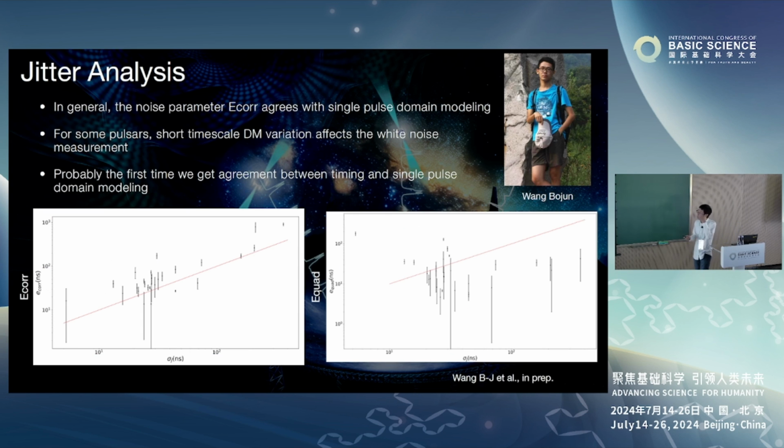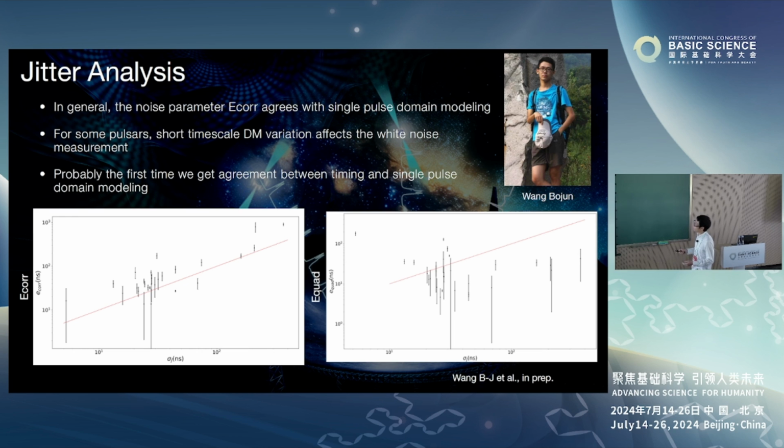And to understand what happens for these white noise parameters, we also do the jitter noise in the time domain. We measure the jitter noise in the time domain in each pulsar, and then compare the jitter noise with the so-called white noise parameter ECORR. And we found that the jitter noise agrees well with the ECORR parameter.